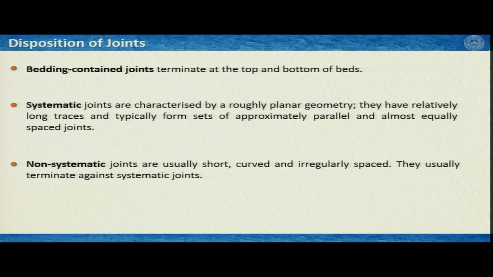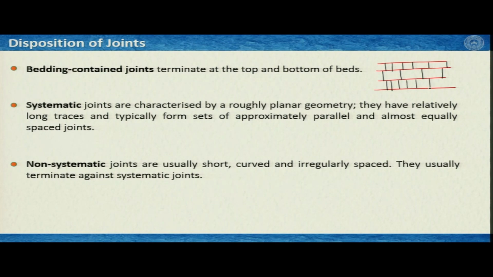Now, one set of joints you can think of could be bedding contained joints, which terminate at the top and bottom of the beds. What I mean by that is, these are traces of the bedding planes on a surface, and if joints do form, then you may have joints confined in one bed, and joints confined in the other bed like this.